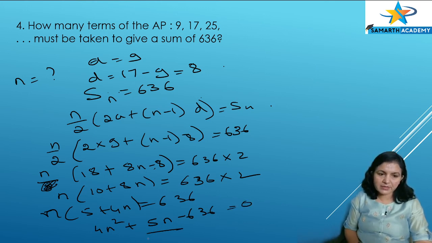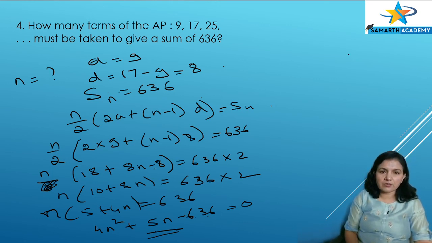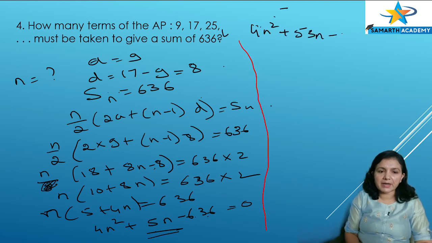Now we have to split the middle terms so that if we add we get 5 and if we multiply we get minus 636 into 4. So what are the factors? On factorization we get 4n square plus 53n minus 48n minus 636 is equal to 0.